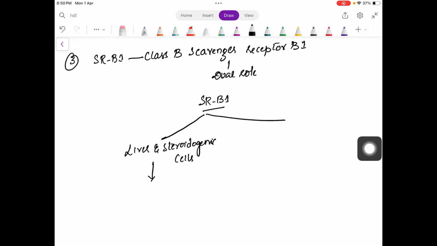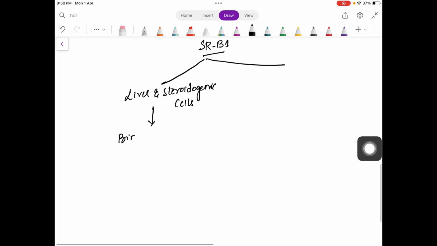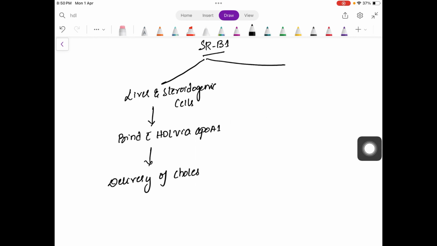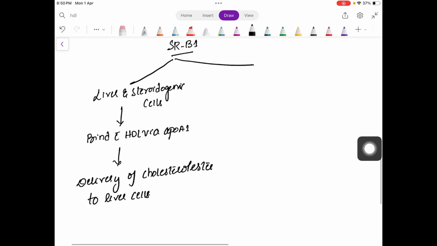They will bind with HDL molecules via ApoA1, and this binding of HDL through ApoA1 onto the liver SRB1 receptors causes delivery of cholesterol ester to liver cells and causes metabolism of cholesterol.